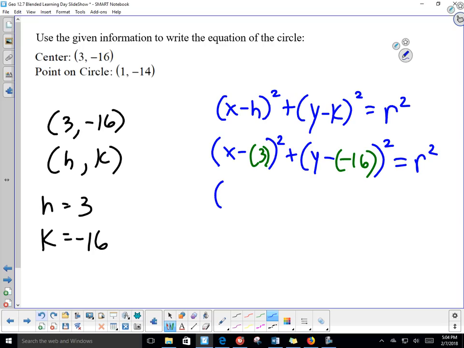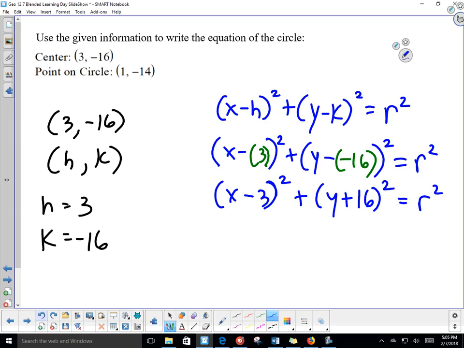Well, that's going to be x minus 3 quantity squared plus y plus 16 quantity squared. So it's x minus 3, but it's y plus 16 equaling the radius squared.